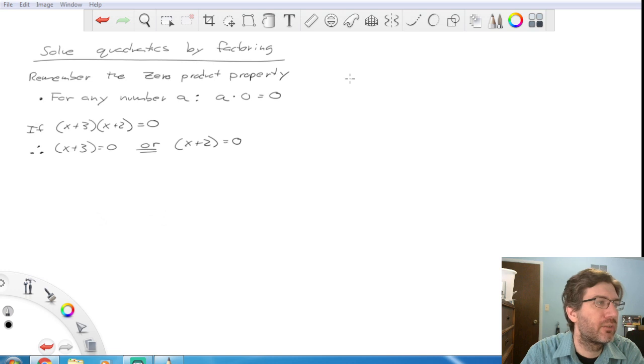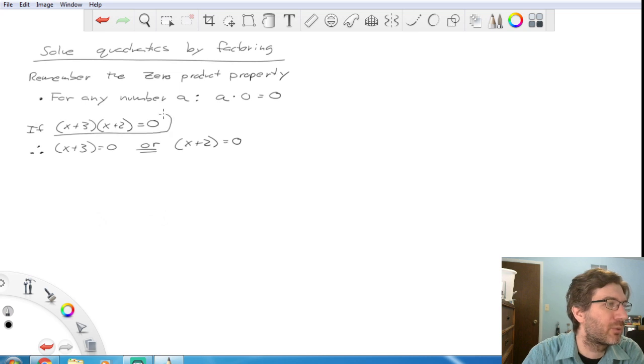And just to put that into some perspective, that means if you have something like this, which looks very familiar to you probably because we've been working with things that look like this for a while. If this statement is true, if you have (x + 3)(x + 2) = 0, it has to equal 0, because that's our zero product property.